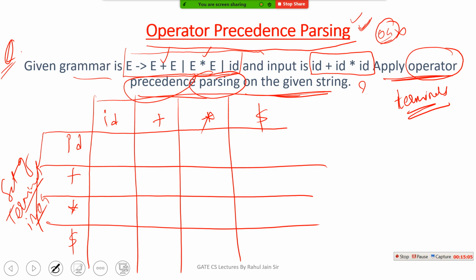Okay guys, I am trying to configure my voice. Is it clear now? Can you hear me now?